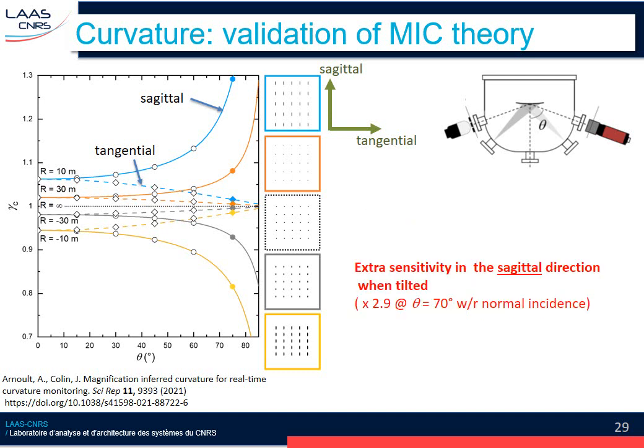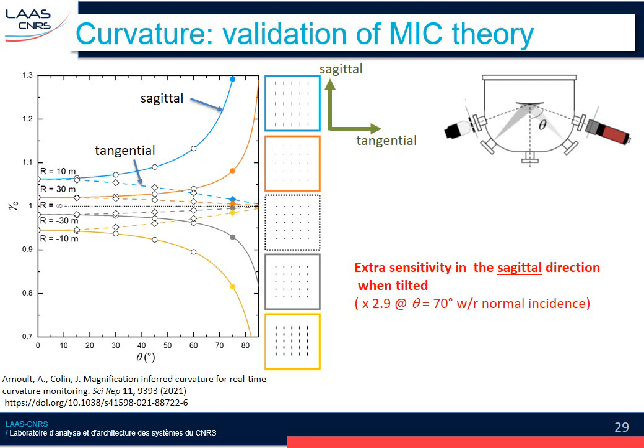There is an interesting feature that comes out of all these calculations, and that is worth noticing. If you consider gamma c, the magnification factor captured by the camera, it is directly derived from the measurement of the distances between the spots. The bigger gamma c, the better the sensitivity for the same radius of curvature. You see here that, for instance, for a radius of 10 meters, you get this value of gamma c at theta equals 0, so at normal incidence, and that when you increase theta, gamma c increases in the sagittal direction, whereas it decreases towards 1 in the tangential direction.